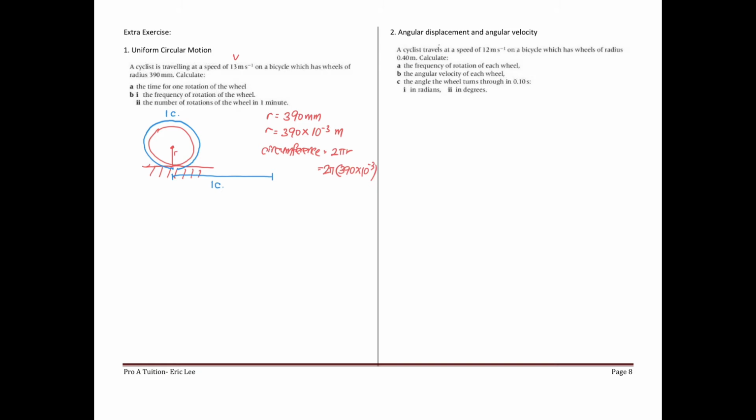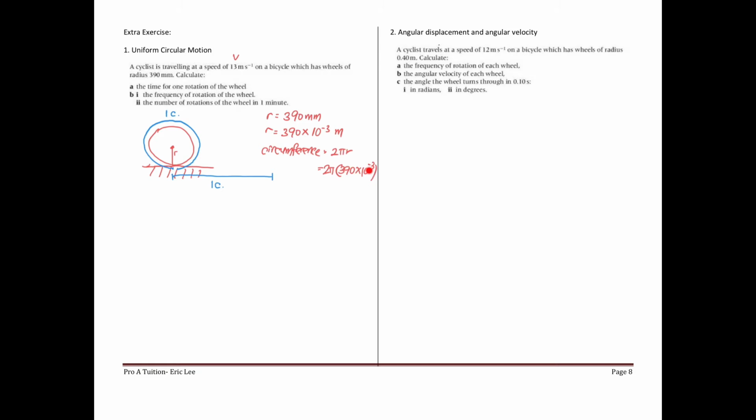Now, what we are looking for, you see the question again, is the time for one rotation of the wheel. So one rotation of the wheel, that is one circumference. One circumference, one round. So that is 2 pi multiplied with 390 times 10 to the power of minus 3.